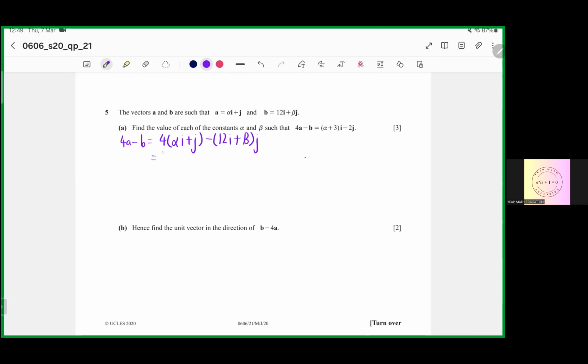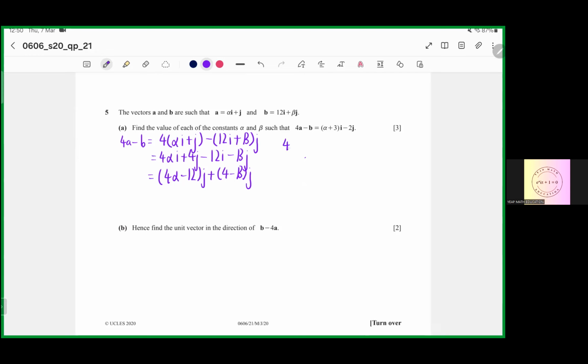Okay, now we just expand and arrange it. Now we get 4 alpha minus 12 i plus 4 minus beta j. Now we can compare it.